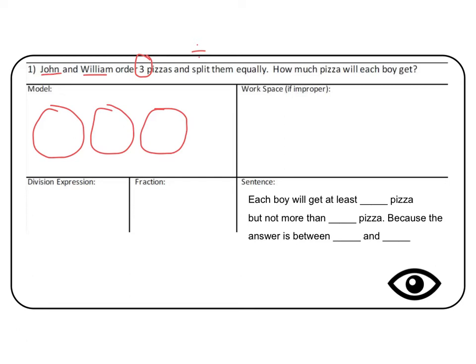There are 2 people, so I'm going to split each pizza into 2. If I'm John, I'm going to get 3 of the 1, 2, 3, 4, 5, 6 pieces, but each piece is a half of the pizzas. So I'm going to get 3 half pizzas.